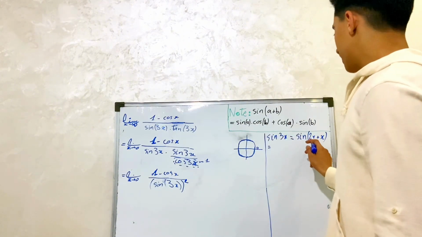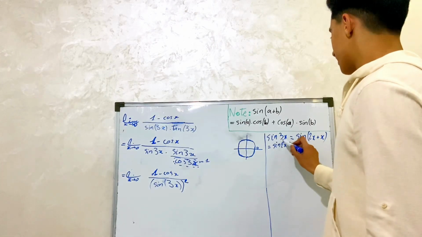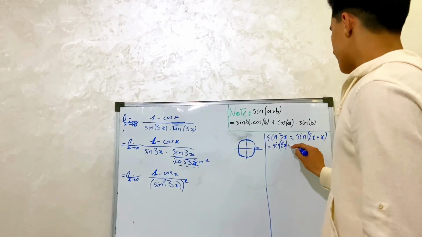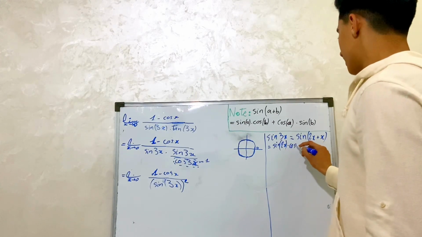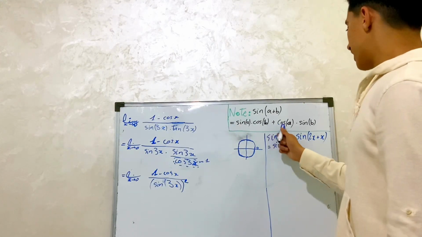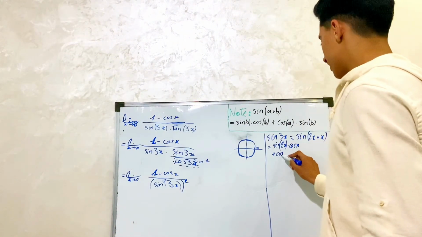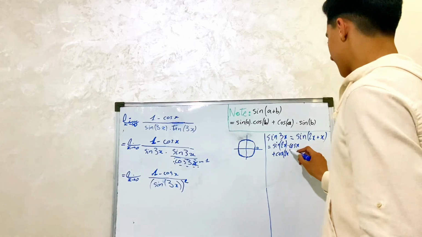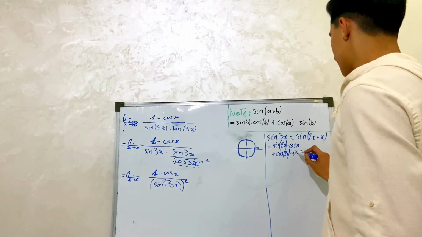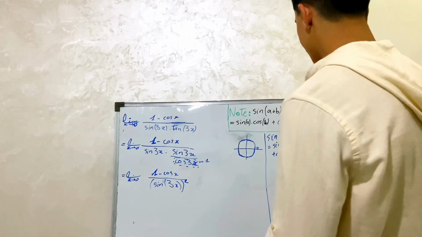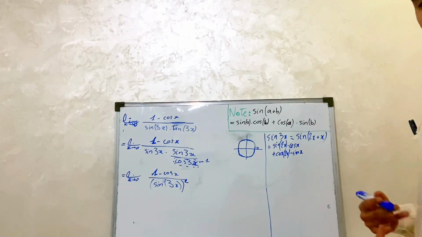Sine of a, which is 2x, the first angle, sine 2x times cosine of the second angle, which is x, plus this times this, so plus cosine 2x times sine x. First, let me rewrite this a bit clearer and I'll come back.